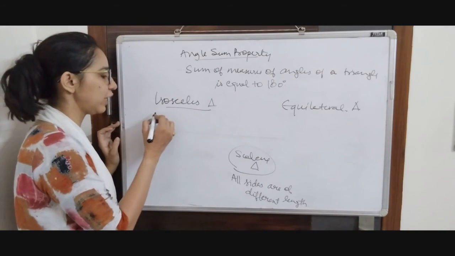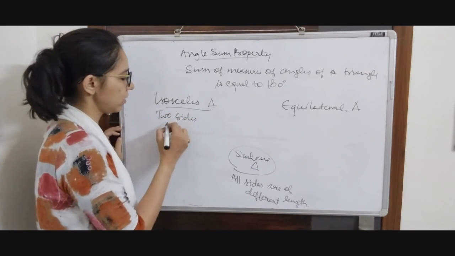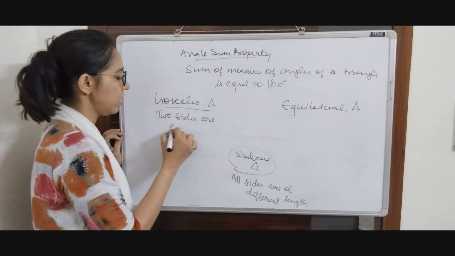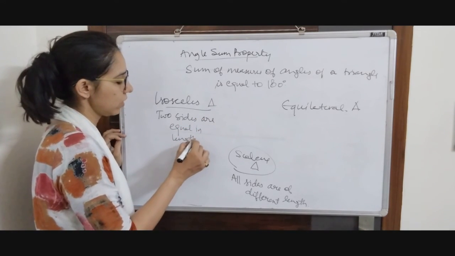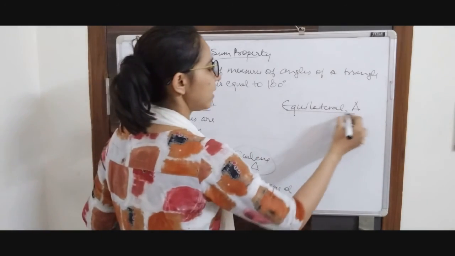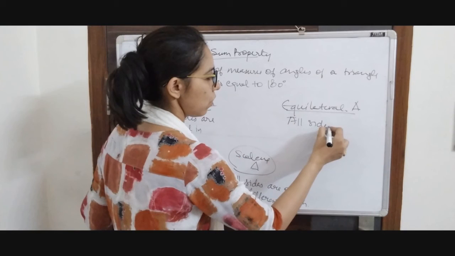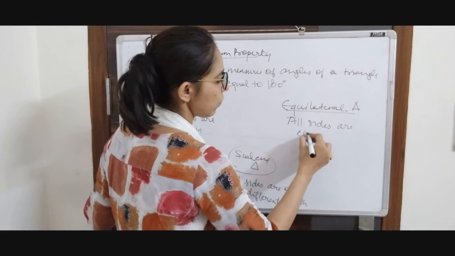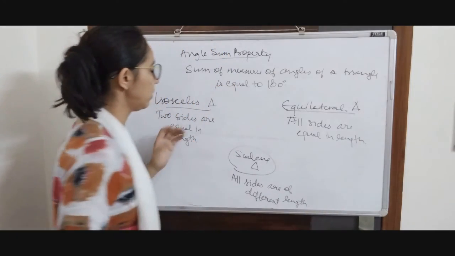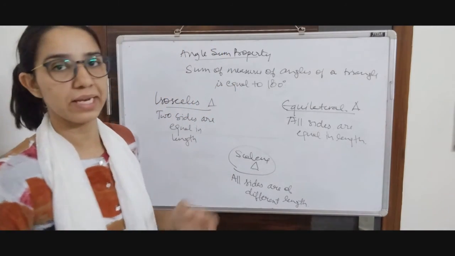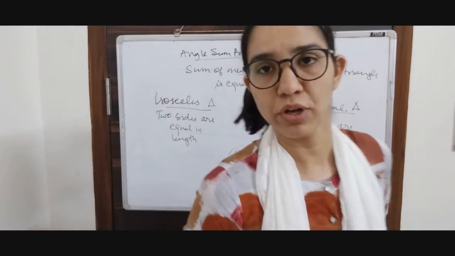Isosceles triangle is one in which two sides are equal. It doesn't matter which ones, but two sides are equal in measure or length. Equilateral triangle is one in which all sides are equal in length. So isosceles, equilateral and scalene, these are three types of triangle based on the measure of length.